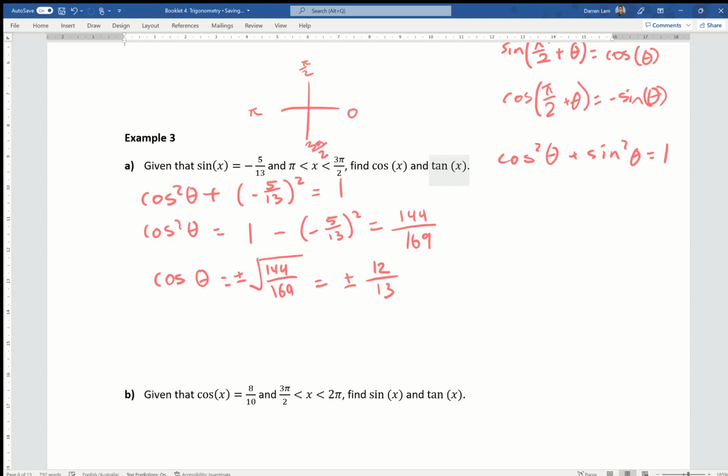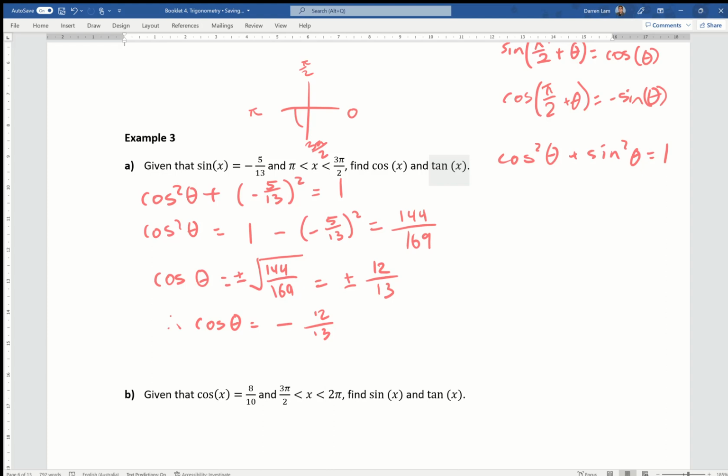If it's between pi and 3 pi on 2, it must be in this quadrant. And if it's in that quadrant, according to my ASTC, is it positive or negative? Negative. So therefore, cosine theta equals negative 12 on 13.